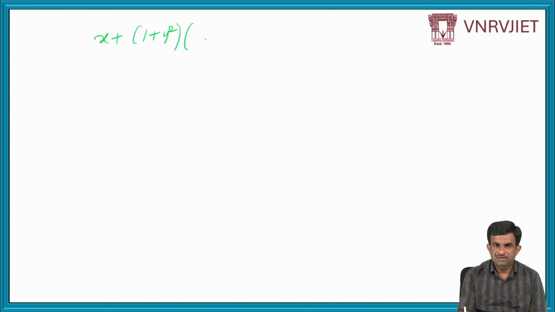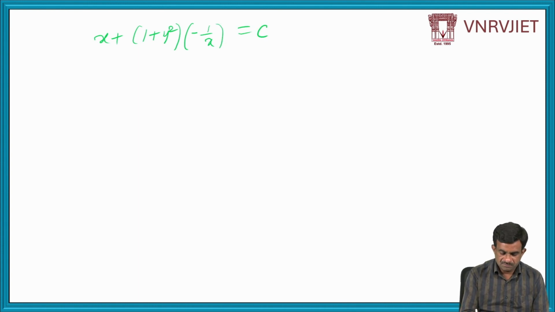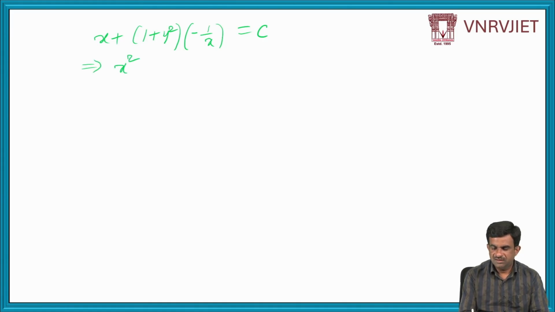The integration of x power minus 2 is minus 1 by x, so this is equal to c. That implies we can write this, after taking x as LCM, as (x square minus (1 plus y square)) divided by x, equal to c.